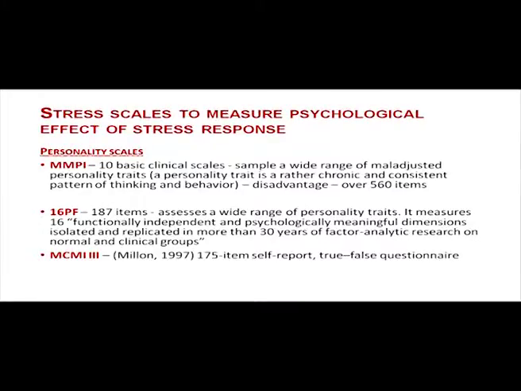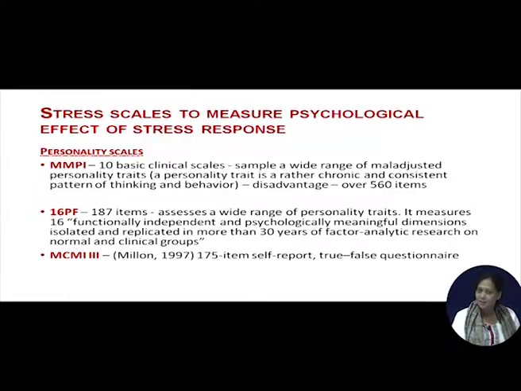Again, one of the most popular scales used among college students is the 16PF. 16PF means 16 personality factors, and though this scale has 187 items, it is also very extensive, but it assesses a wide range of personality traits.